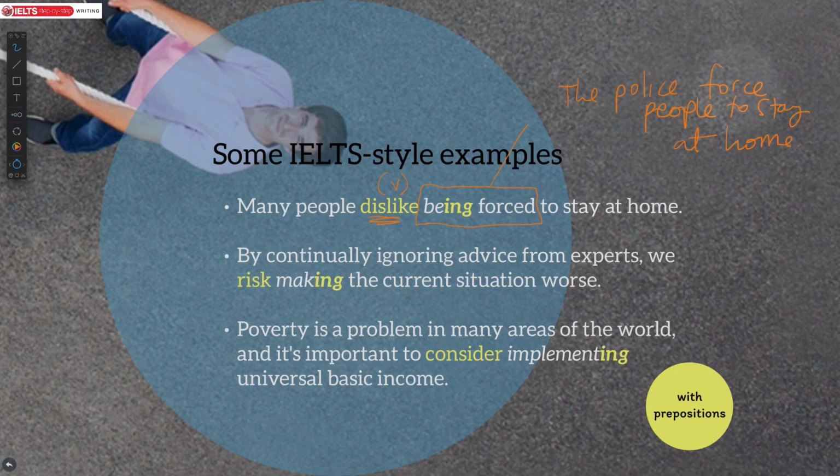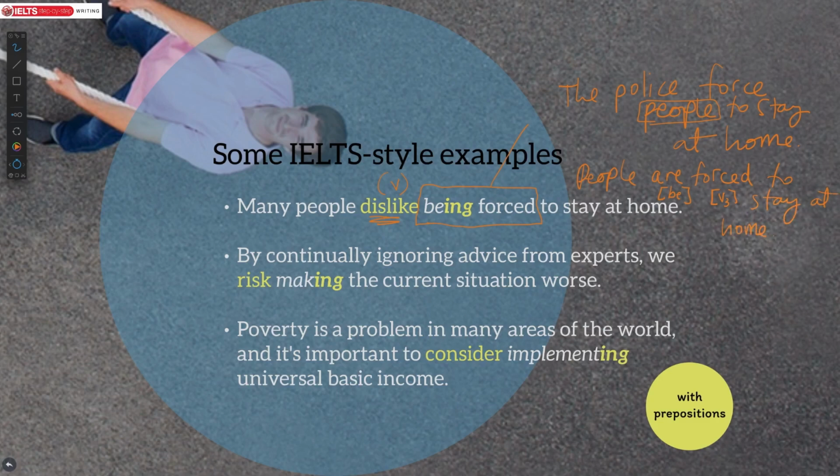But if I want to make it passive, I start with the object of the active sentence, so people, and then if you remember the passive voice, are forced, so that's be plus verb number 3. People are forced to stay at home.